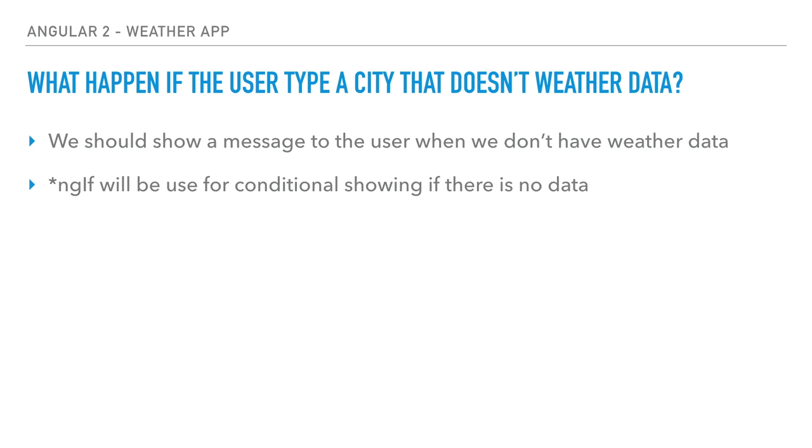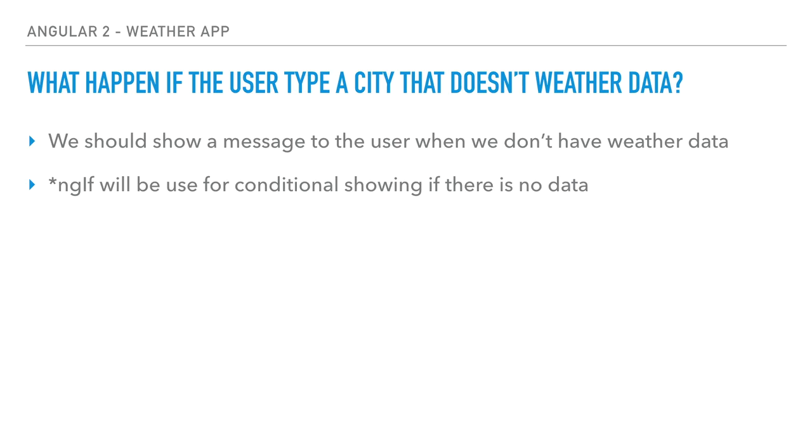So we type blah blah blah city, we go to the server, we try to retrieve weather data and there is nothing. Obviously, we should display a message to the user saying, look, buddy, type a city that exists, right? So this is a first step, and we will take advantage of the ngIf to do this.